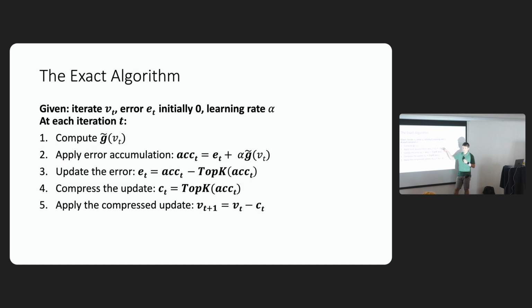So we're measuring how much error we have right now. Then we compress the update, which is top k of the accumulator. Does this match what we had on the previous slide? All right, good. And then we apply the compressed update onto the node's local view. So v_{t+1} is v_t minus c_t. Does this sound reasonable?